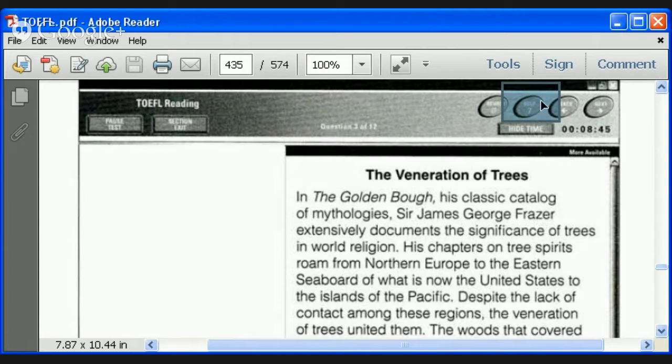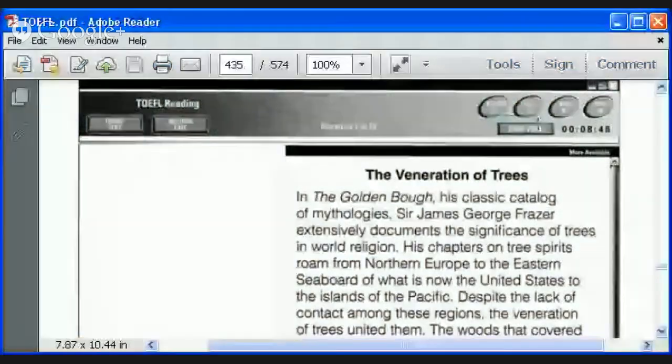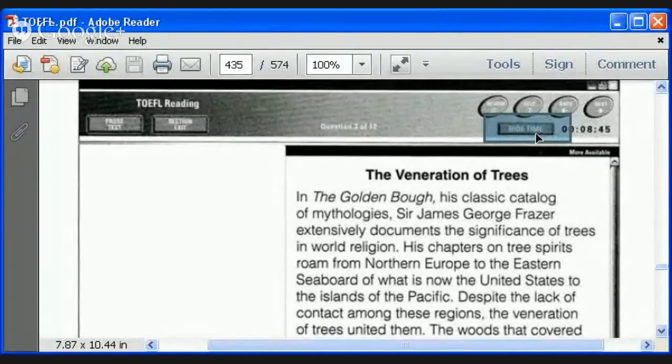So another useless button. Below that, there is a timer. You can hide the time, but again, I wouldn't advise you ever click this button either, because you really need to be able to keep track of the time on the test. Everything is timed.